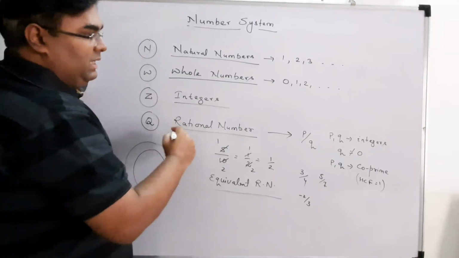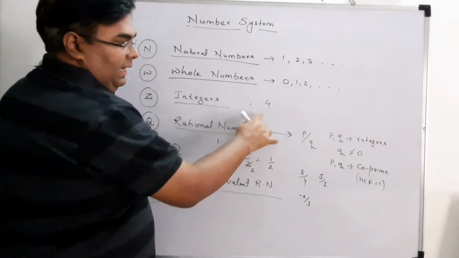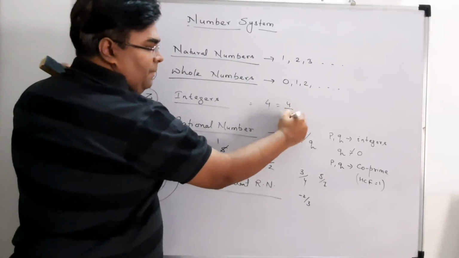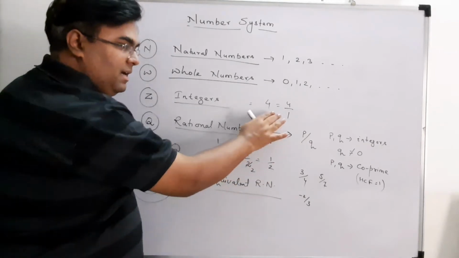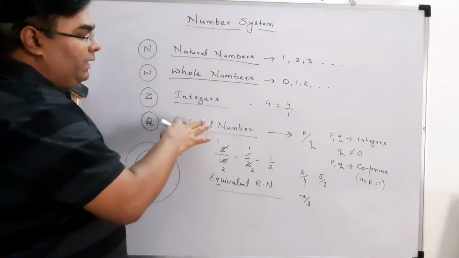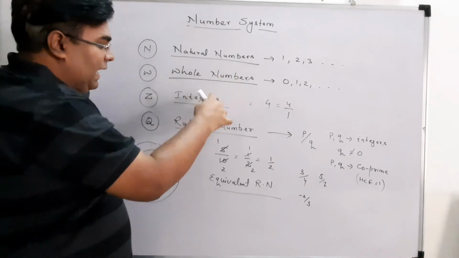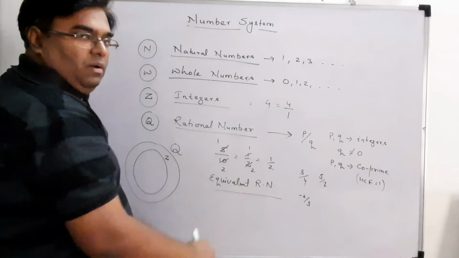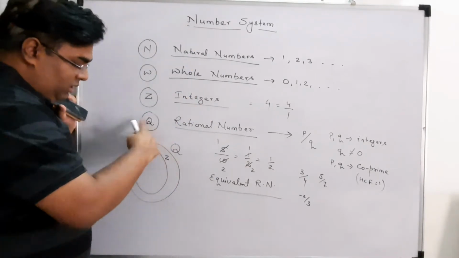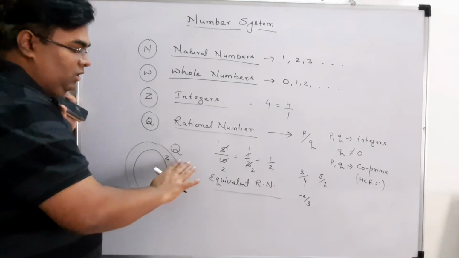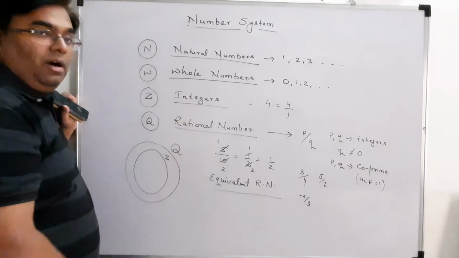Because any integer, suppose 4, can be written in the form 4 upon 1, which is P by Q form, and standard also. So all integers, whole numbers and natural numbers can be written as rational numbers. So rational numbers include everything, the biggest circle, in which integers are also there.